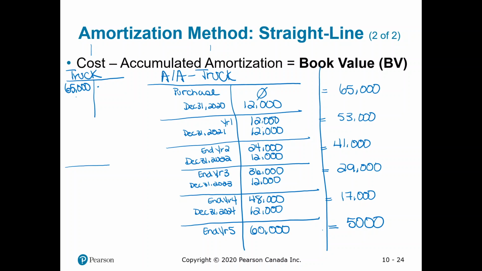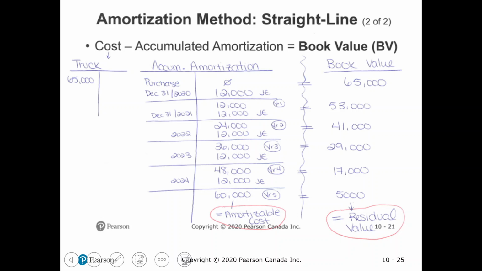And the reason we stop here, well, twofold, is first, our estimated useful life for the truck was 5 years. So that's where we're going to stop because we've amortized it over that useful life. But more importantly, you stop amortizing when your book value of the asset gets to the residual value.